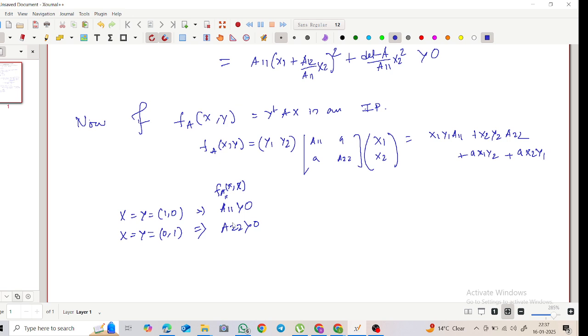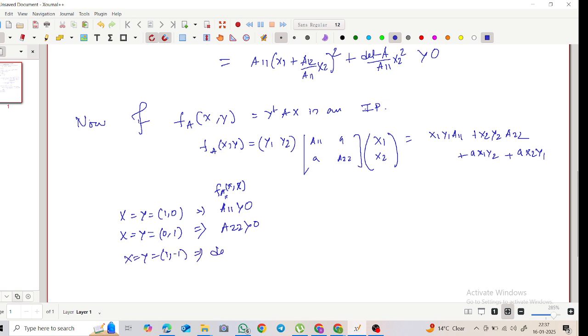And for the determinant part, you can take x equals y equals 1, minus 1.